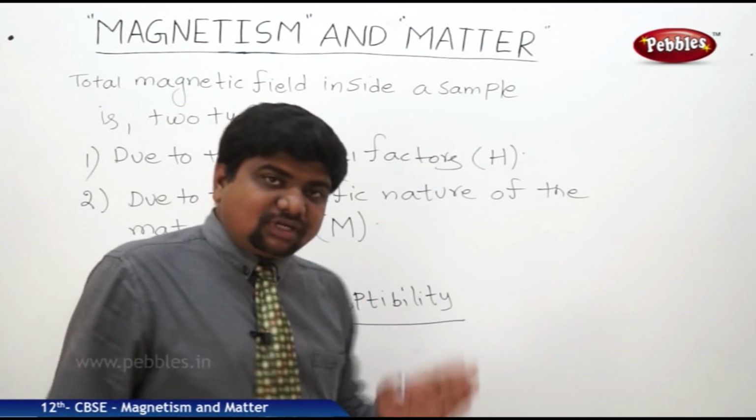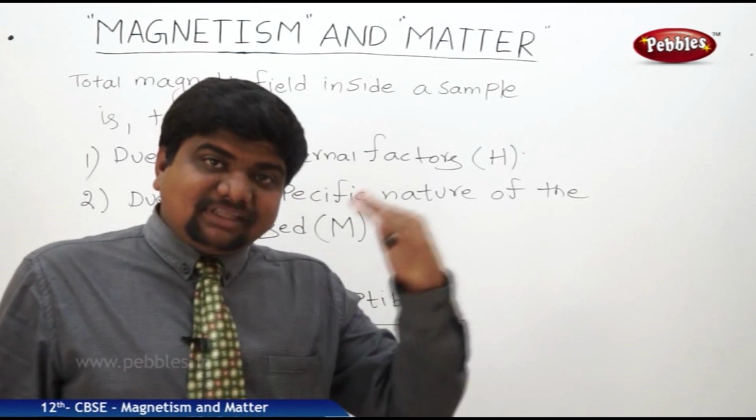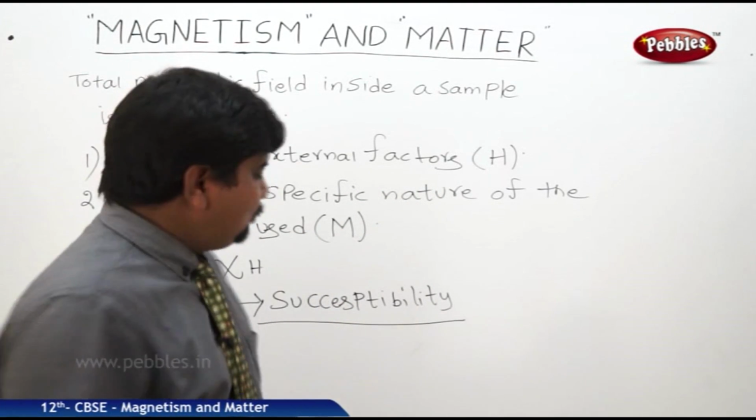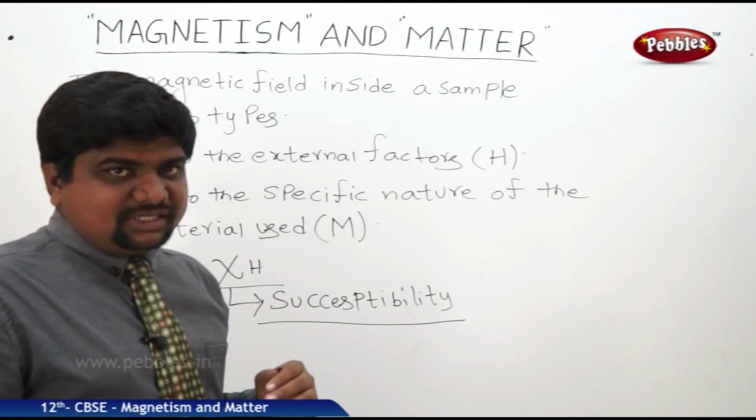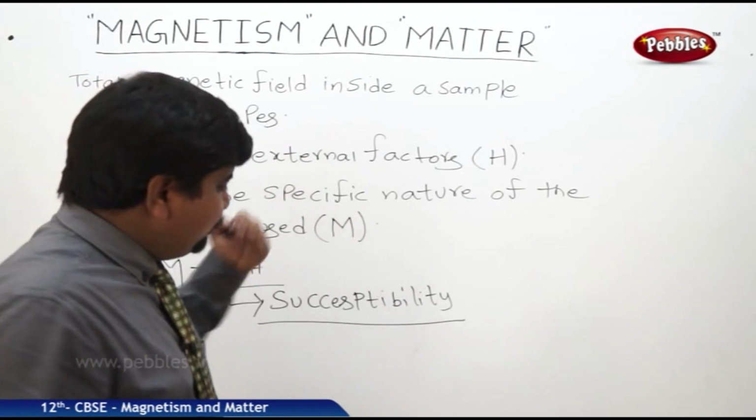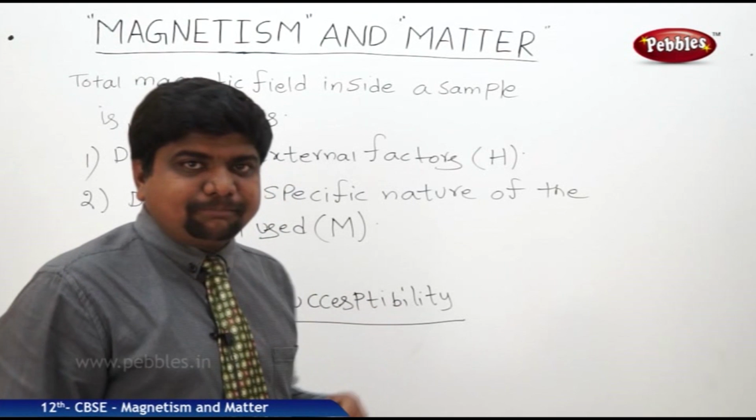This susceptibility is one of the important terms to classify magnetic materials. Now we are going to substitute M is equal to chi H in the previous expression to find the susceptibility values.